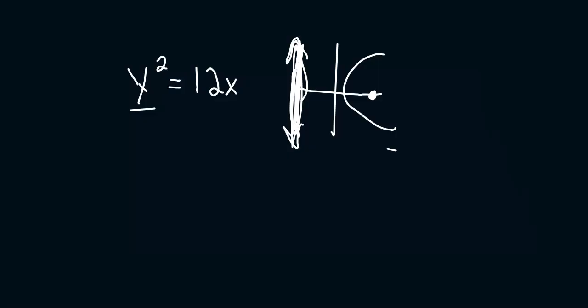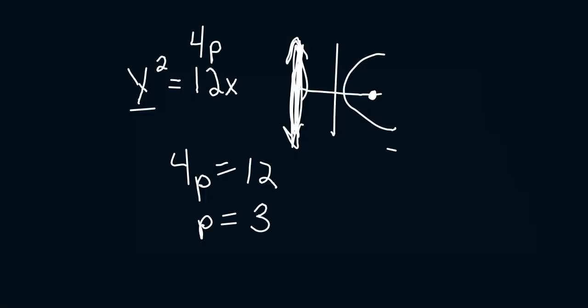We're going to use this equation. Whatever's in front of your x is 4p, and you have to find that p. So I do 4p equals 12. It's just an equation we've got to know.